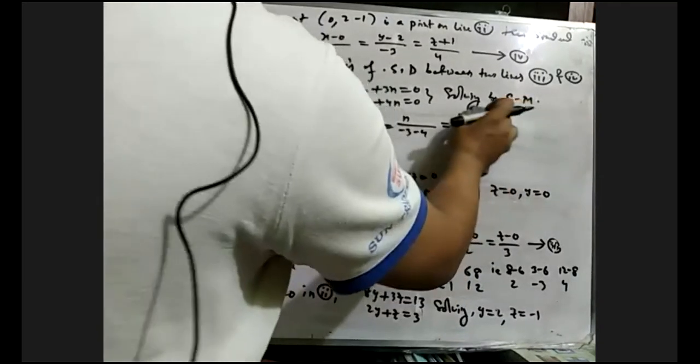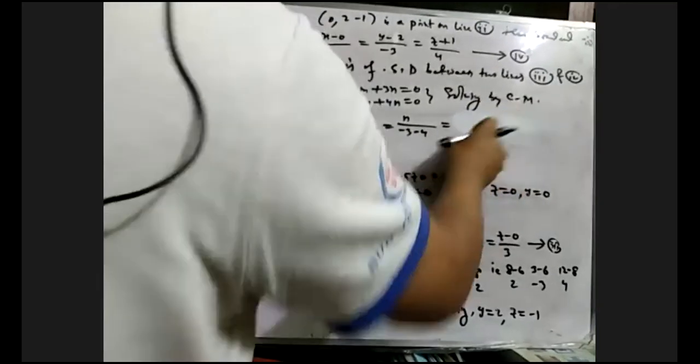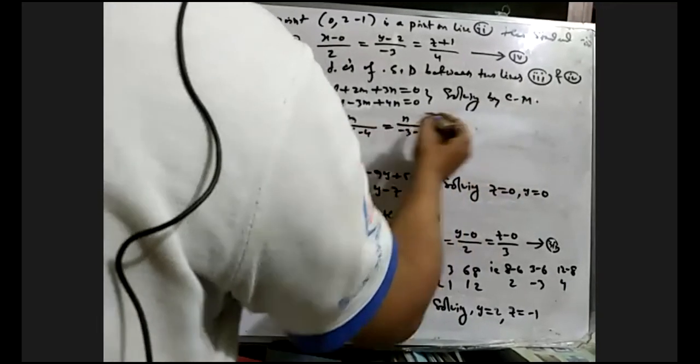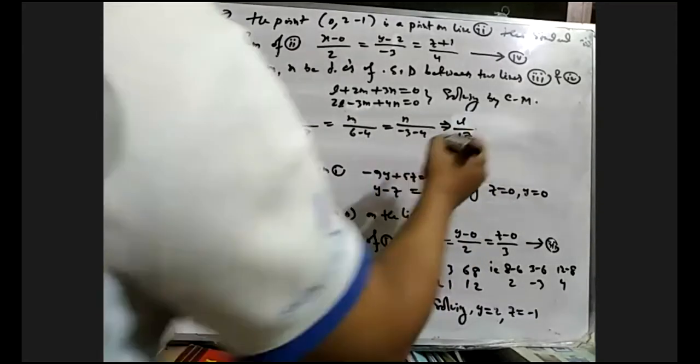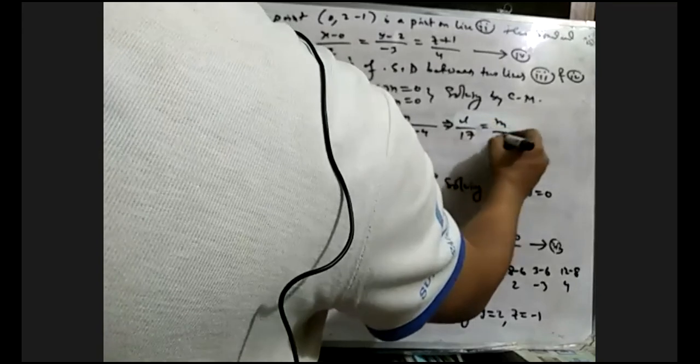First of all, you have to simplify. So we can write l/17 = m/(-2) = n/(-7).